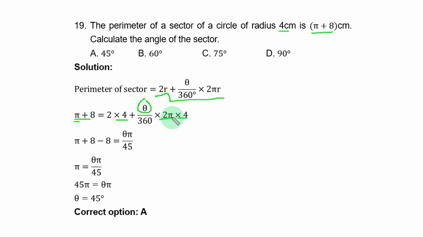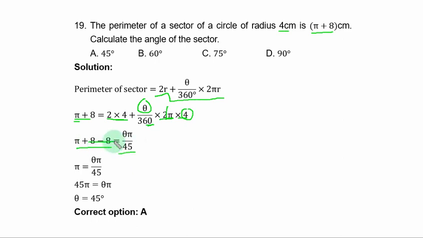If you simplify, 2 times 4 is 8. If you transfer 8 to the left, you have this result. From here, 2 times 4 is 8, you reduce 360 and 8 by 8, and 45 remains. So we have pi here and theta, so pi theta over 45.